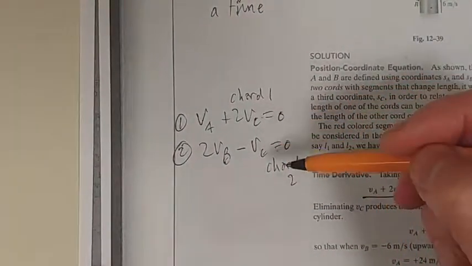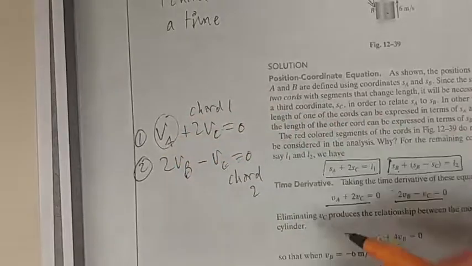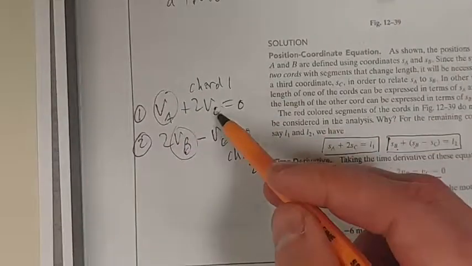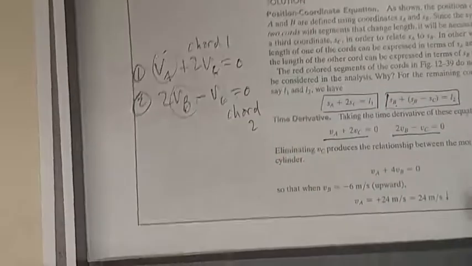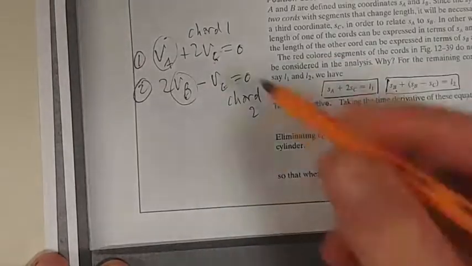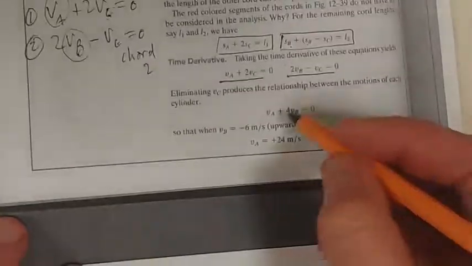Now you've got two equations, and we're trying to relate the velocity of A to the velocity of B, so we need to eliminate C. Solve for C, and then you will have A and B related to each other, and we can obtain this equation.